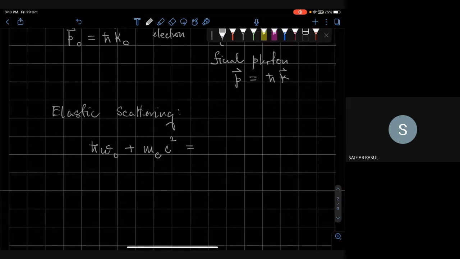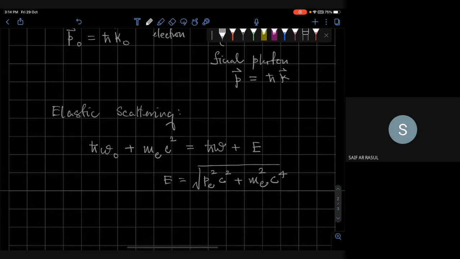And then the final energy is h bar omega, the energy of the photon, plus the energy of the electron, which let's just write E, where E is given by the positive square root of p_e squared c squared plus m_e squared c to the power 4. Okay, so this is the relativistic expression for the energy of a particle. So this is equation number 1.